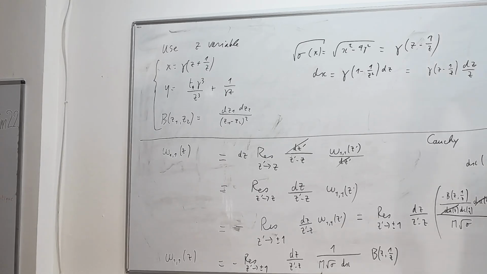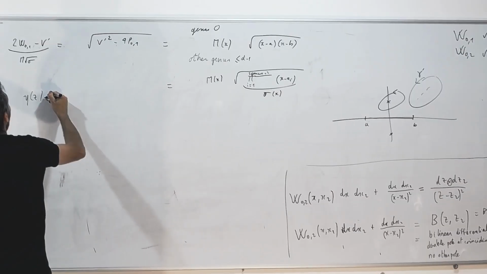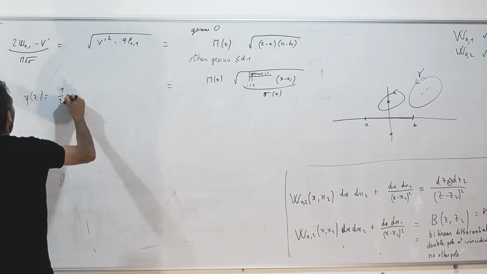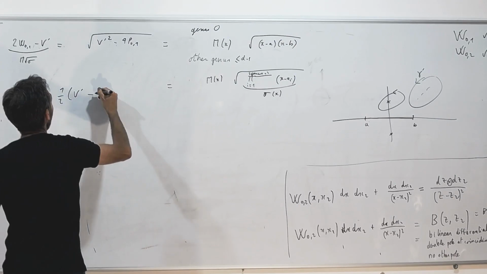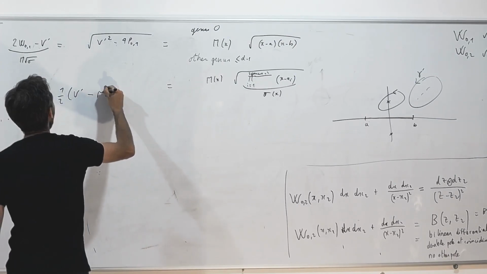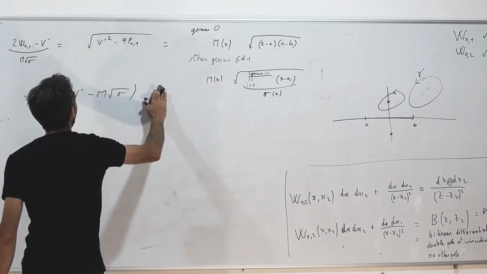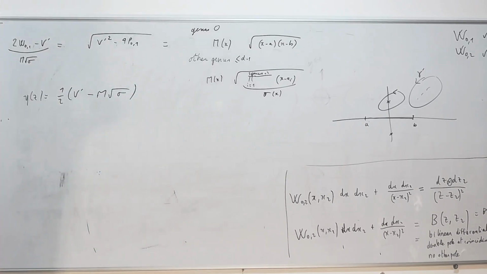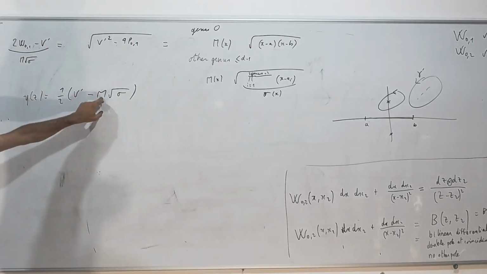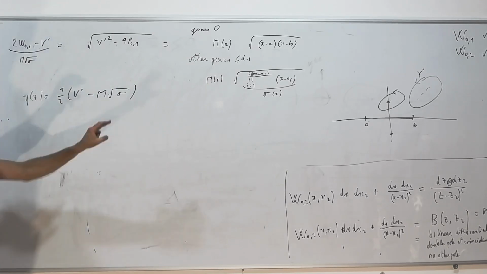Remember that y of z was 1/2 of b prime minus square root, minus m square root of sigma. Changing z to 1 over z does not change x. So it does not change v prime. It does not change m either. But it changes the sign of a square root.